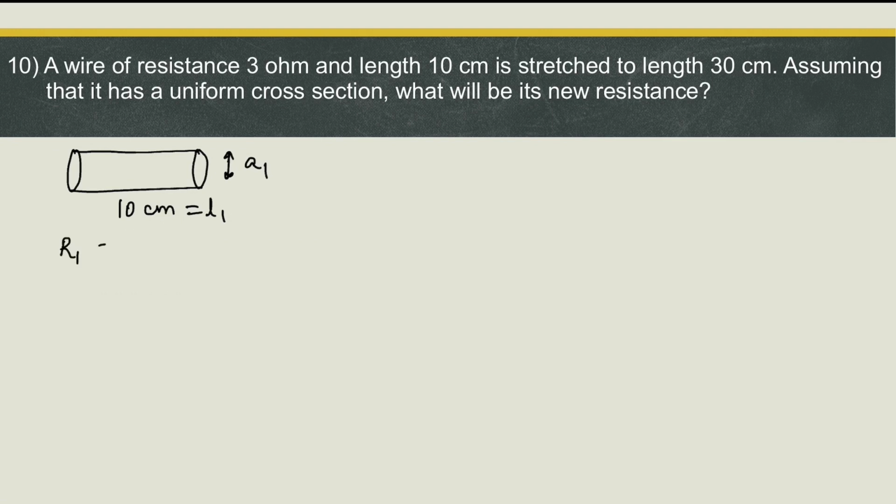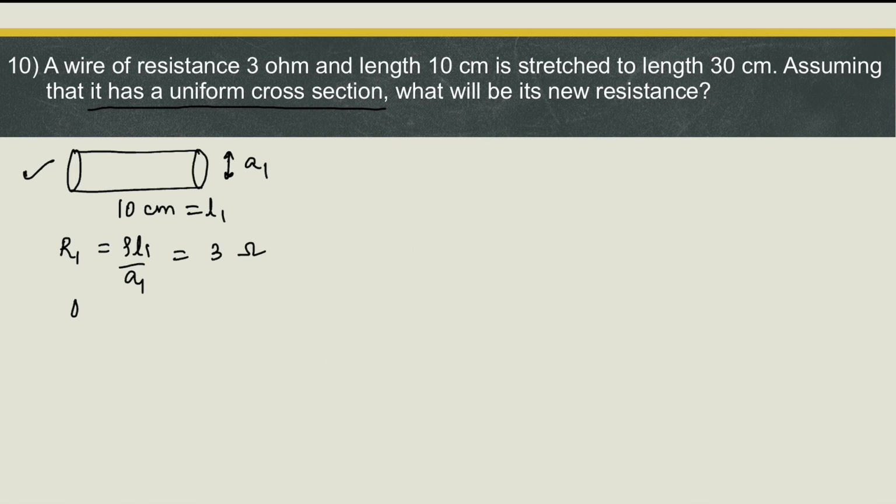So the resistance is rho L1 upon A1 and that is given 3 ohm. Now the question is the wire of length 10 centimeter is stretched to the length 30 centimeter. Assuming that it has uniform cross section, what will be the new resistance? Now this is very important to understand, what is the meaning of this phrase, it has uniform cross section.